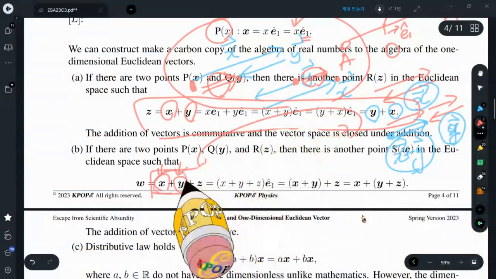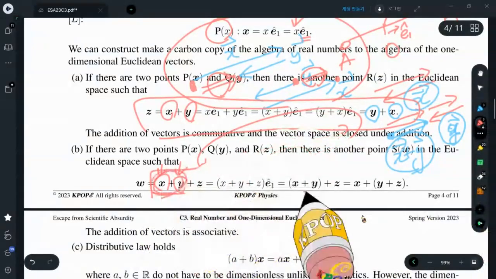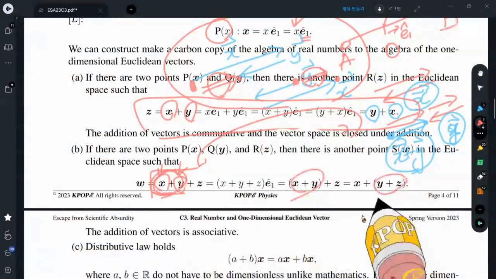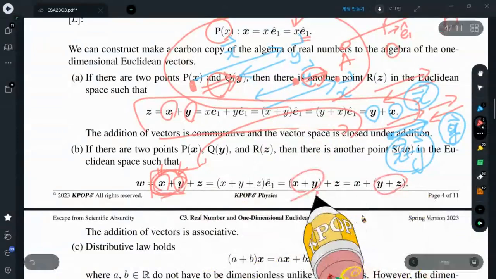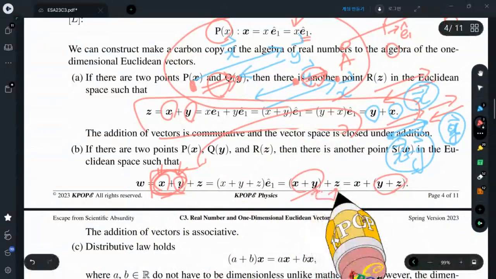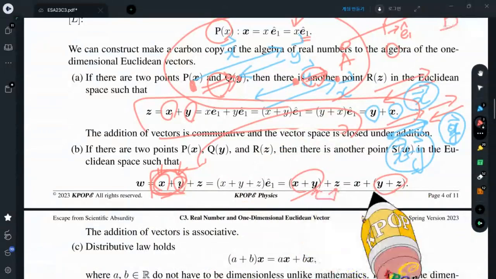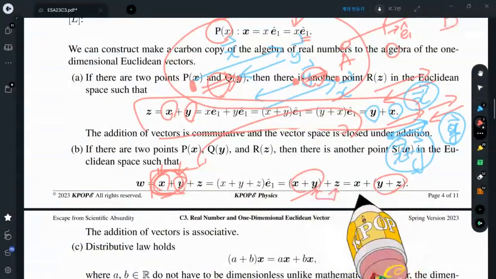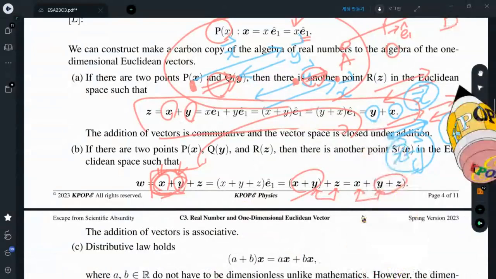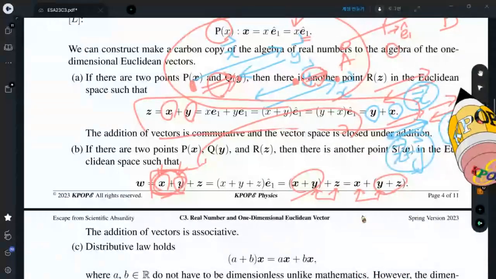I can add these 2 first, or I can add these 2 first. Either way, after that, I can find the resultant vector by adding the remaining 2 vectors. By experience, we can know about this.